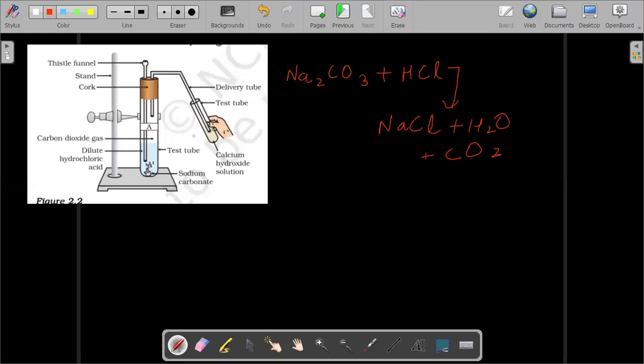Now, what is the reaction occurring in the second test tube and what is the reactant over there? Write down the reaction in the test tube.